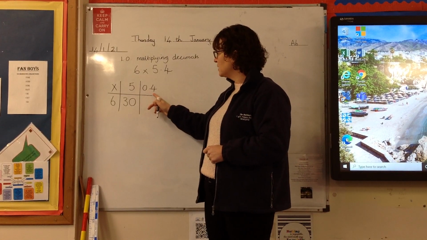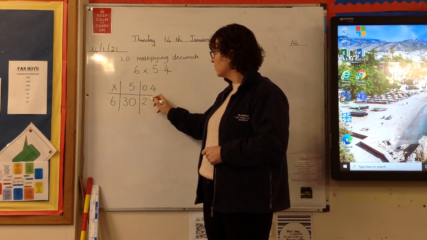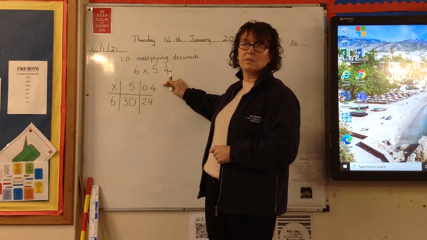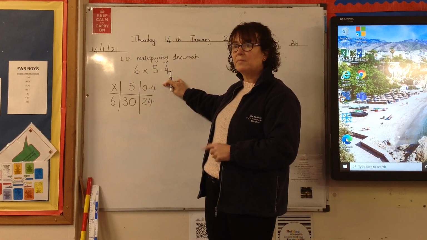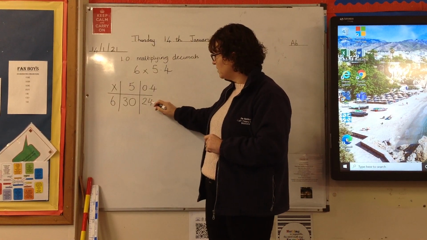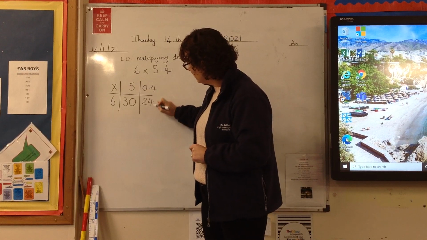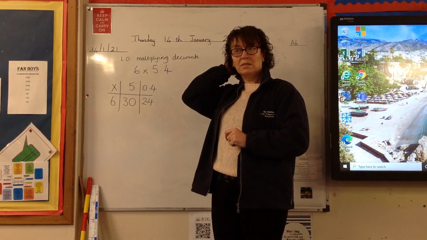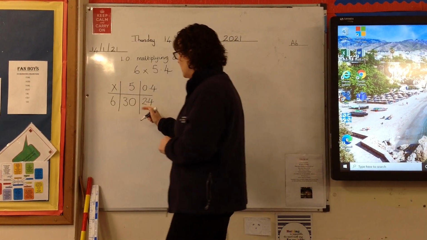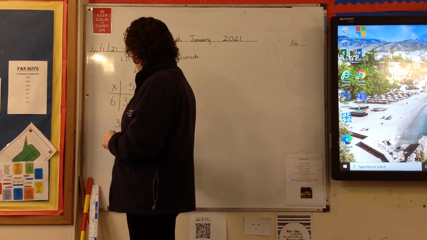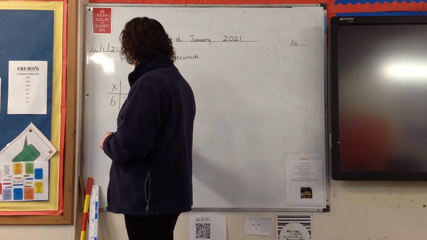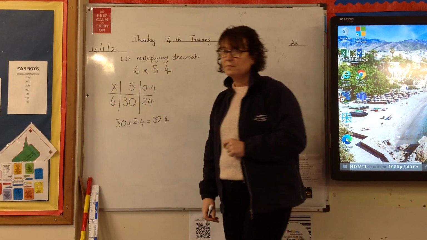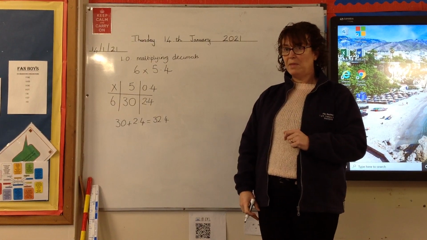But how many decimal places have we got here? How many numbers are there on this side of the decimal point? 1. So we need to make sure that this answer also has 1. So we start from this side and we put our decimal point there. Does that make sense? And then we do the same thing, we add those up. So 30 plus 2.4 equals 32.4. Happy with that?